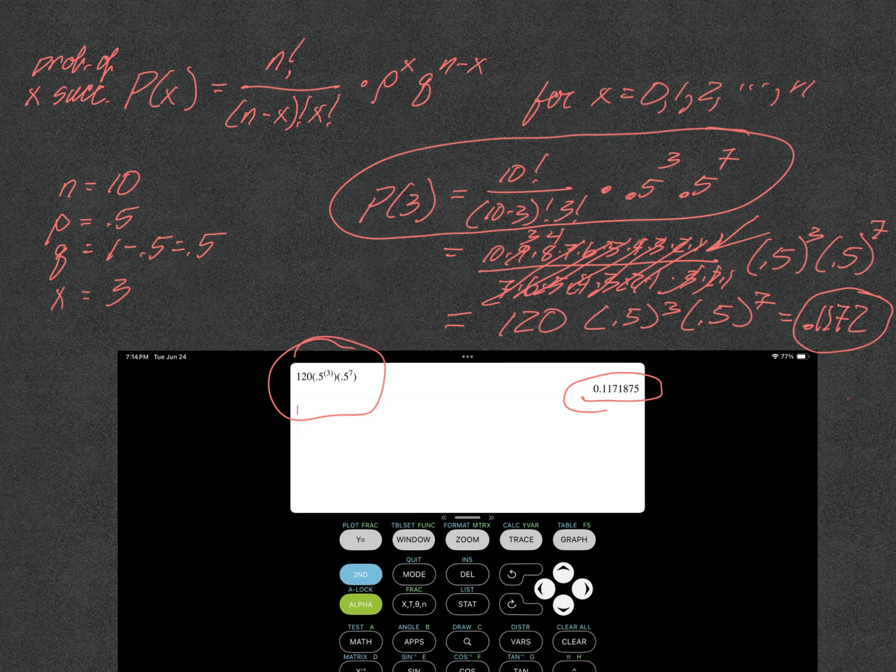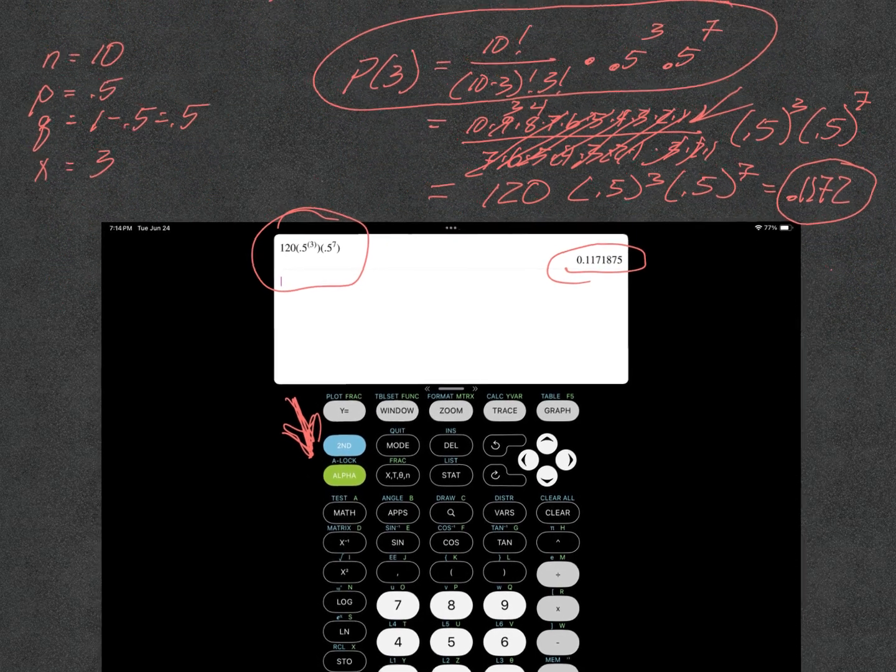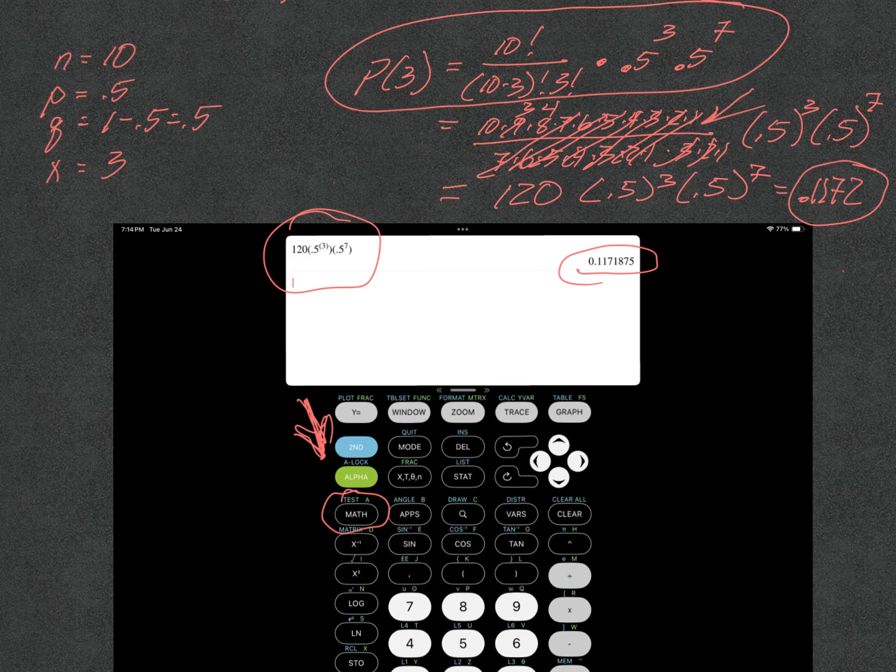yes, factorials are under the math menu and the probability. So you would look for the math menu down here on the calculator. Let me move this up. Here's the math menu.